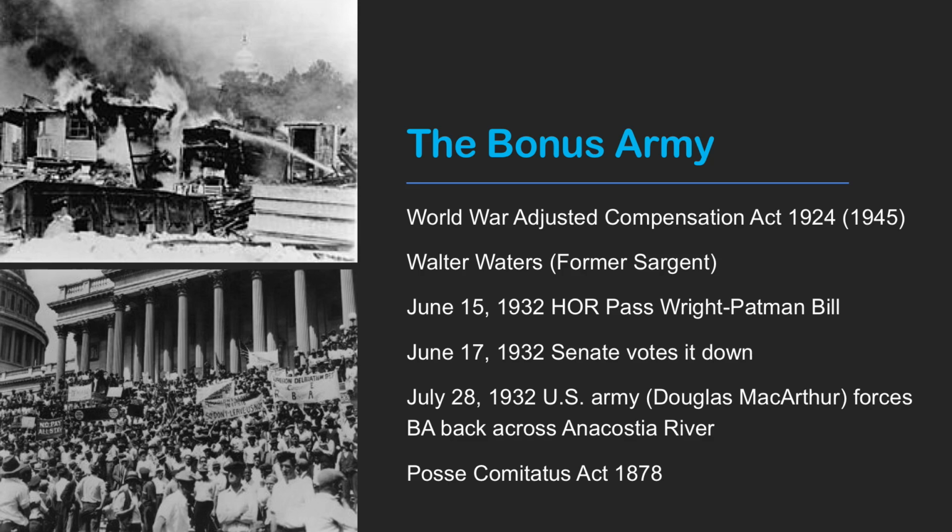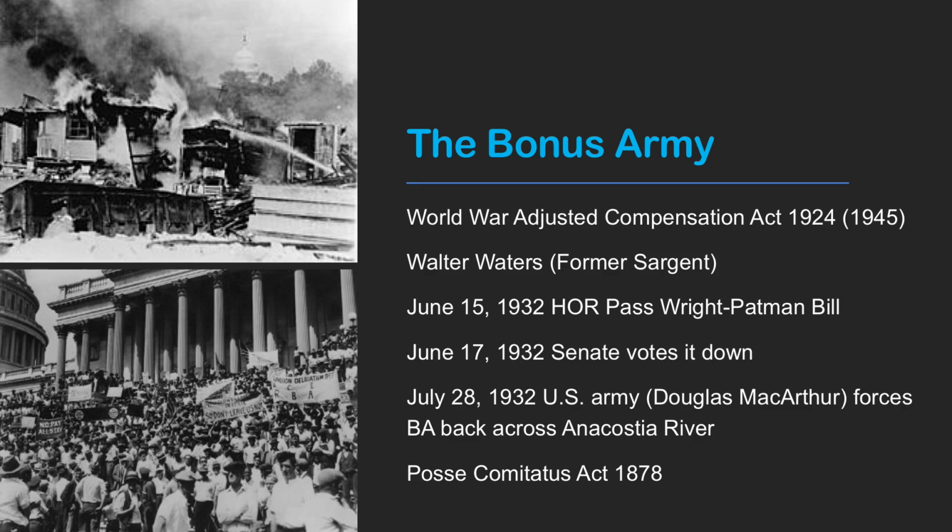All right, so let's talk about the Bonus Army. When Calvin Coolidge was president, they passed the World War Adjusted Compensation Act. Members of the United States Army wanted some kind of pension for fighting in World War I. Again, they didn't call it World War I, they called it the Great War, but it was a world war.